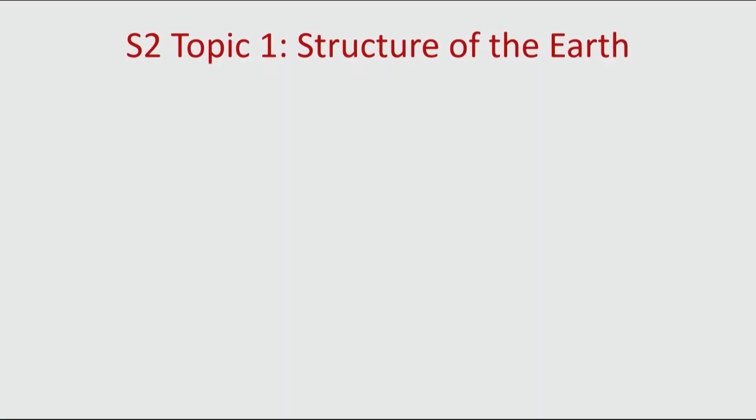What I'm requiring from you, students, is your undivided attention, because the topic we are going to look at is very important, not only in our assessments, but also in our final exam. The topic is the structure of the earth.